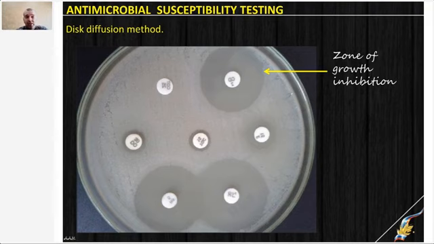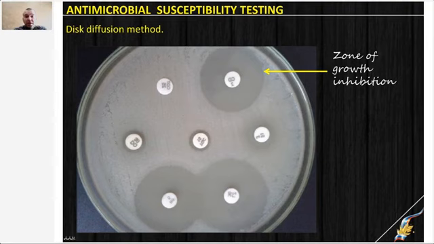So the principle of the test: you need to take filter discs made of synthetic cellulose or some paper, and every disc has absolutely the same size. Antibiotics are initially added on those discs by manufacturers, of course, not you. Every disc has a fixed amount of antibiotic and a fixed diameter.